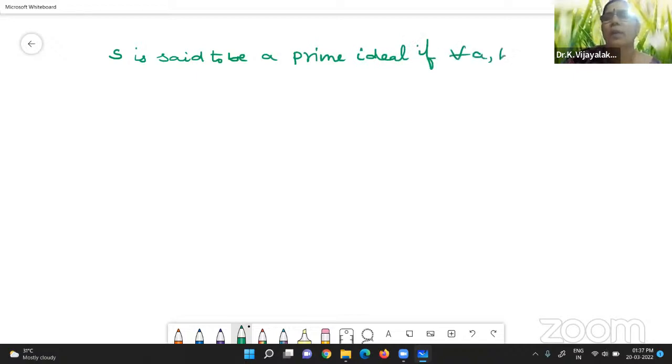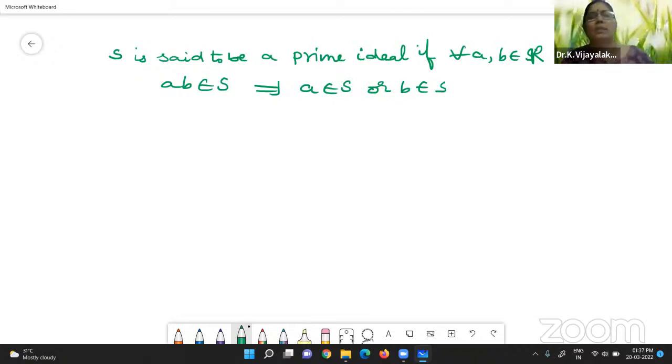An ideal S is said to be a prime ideal if for every a, b belonging to the ring R, ab belongs to S implies either a belongs to S or b belongs to S. In such a case, we call the ideal a prime ideal.